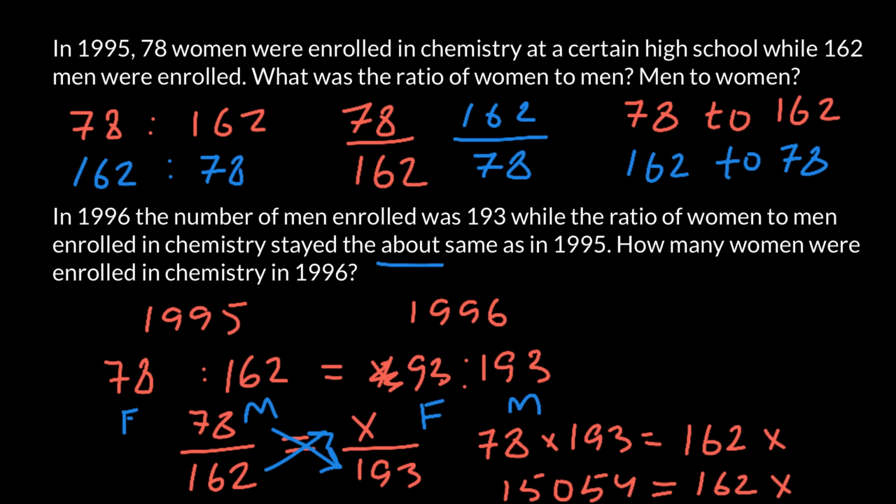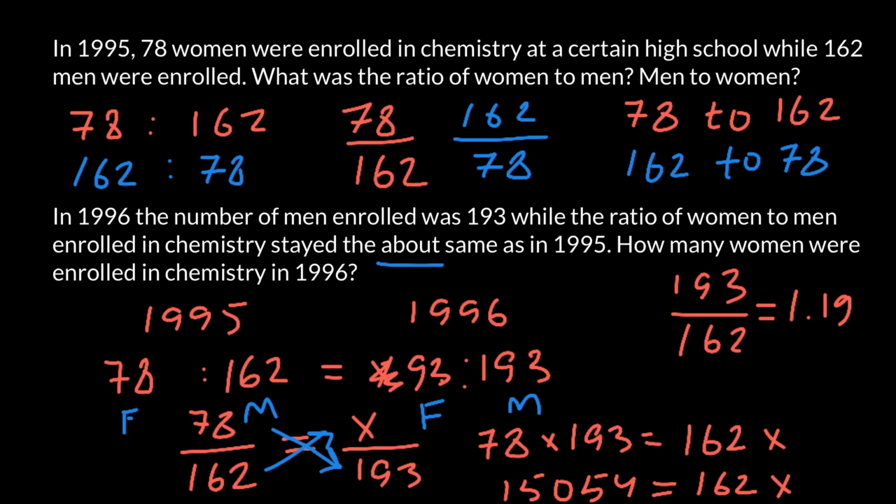Then we just have to multiply by that number. In this case, we just have to divide 193, the number of males in 1996, by the number of males in 1995, which is 162.